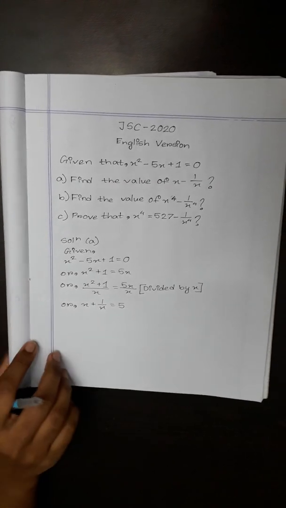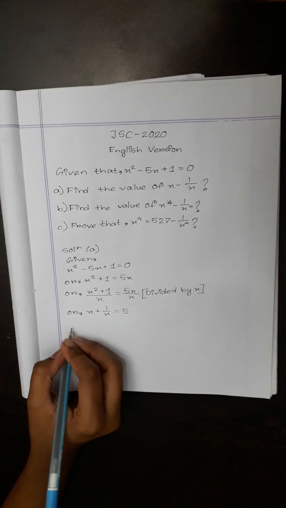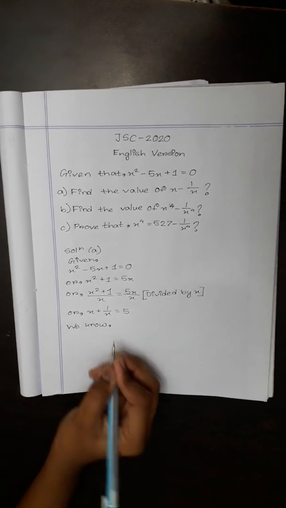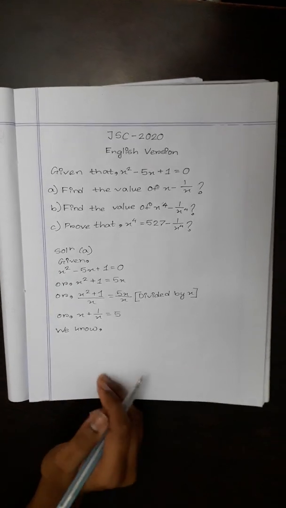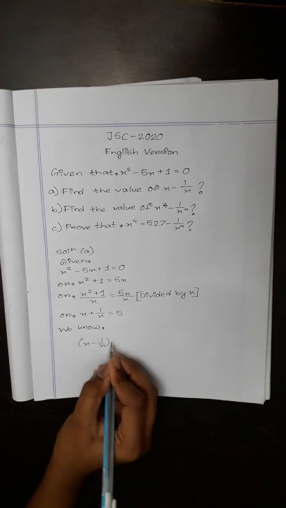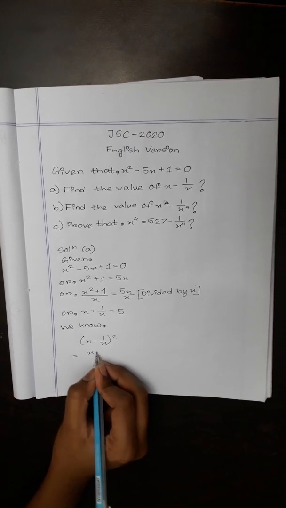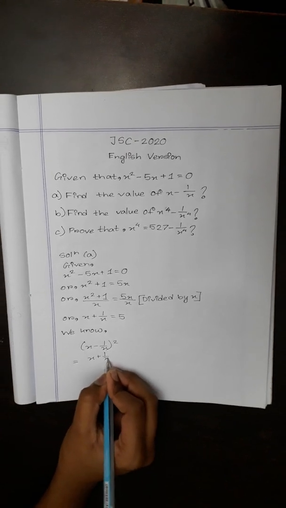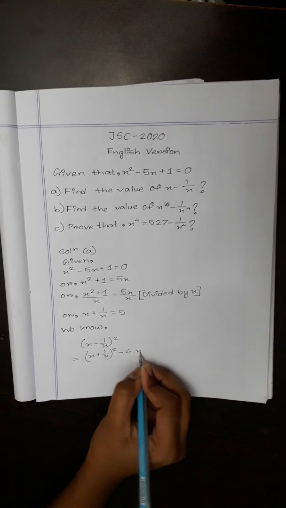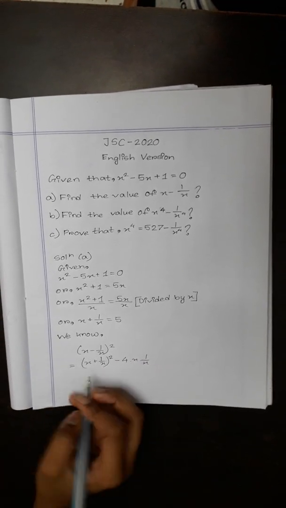Now let's move to x minus 1/x. At first, let's find the value of x minus 1/x whole square. It will be easy for us. (x minus 1/x) whole square is equal to (x plus 1/x) whole square minus 4·x·1/x. That is (a plus b) whole square minus 4ab.